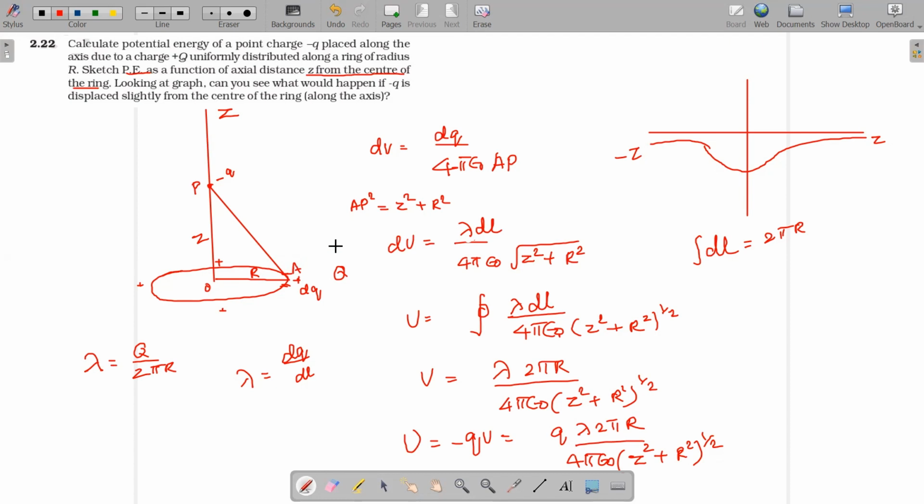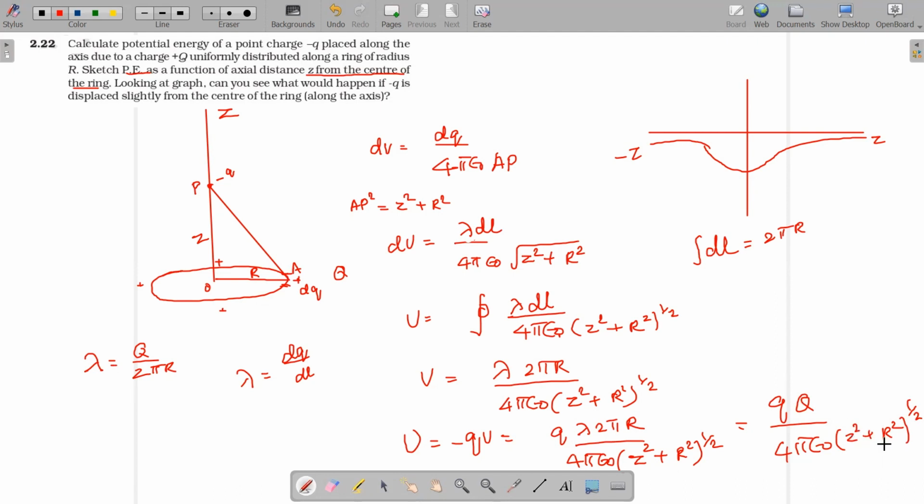We can cancel this: lambda into 2 pi r is nothing but the charge Q. The formula will become small q into capital Q divided by 4 pi epsilon naught into Z squared plus R squared to the power of half.